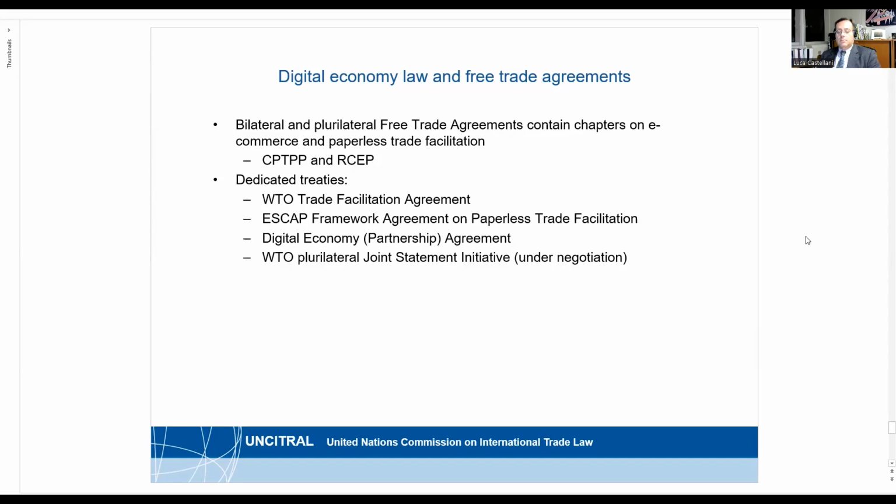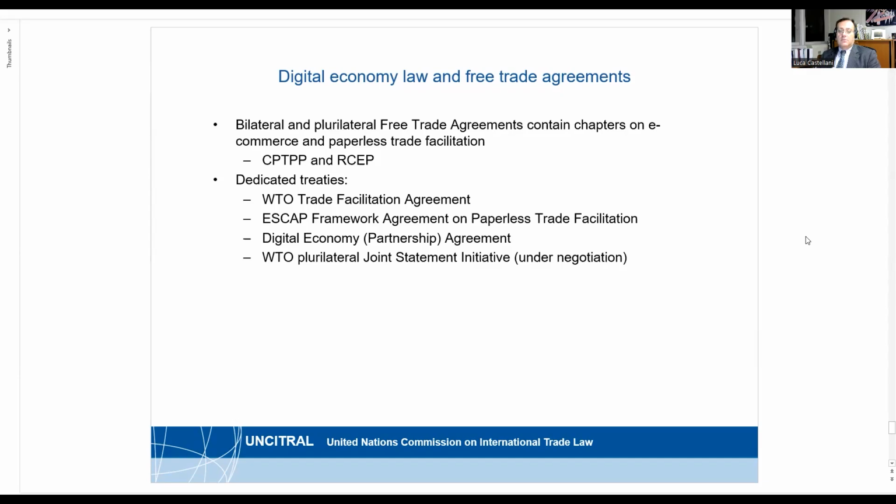Of course, some countries are a party to both, and so there is a certain overlap between these provisions. But either treaty contains a quite extensive and detailed overview of what is relevant to promote digital trade in free trade agreements currently.